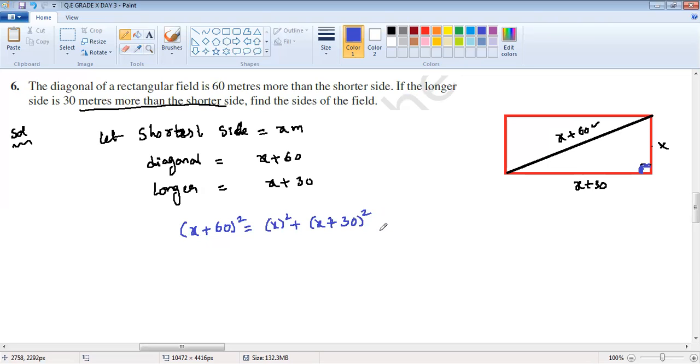Got it? Yes, sir. Then x plus 60 whole square, what can you write? x square plus 120x plus 3600, which is equal to x square plus x square plus 60x plus 900. Correct?